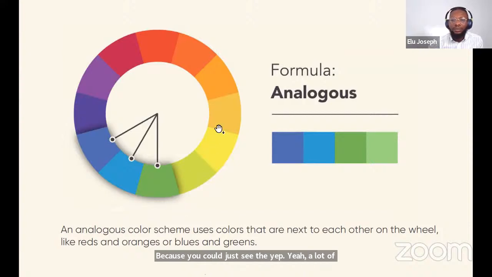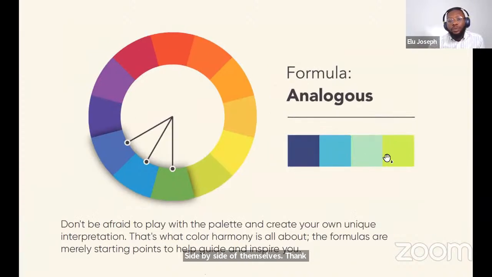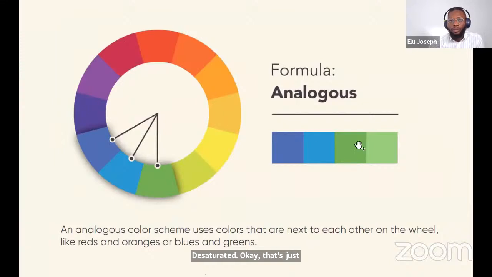You just pick three that are side by side, and you have analogous. What happens on this other slide is we see the colors desaturated. Okay, that's just it. It is saturated. Is that clear? Good.